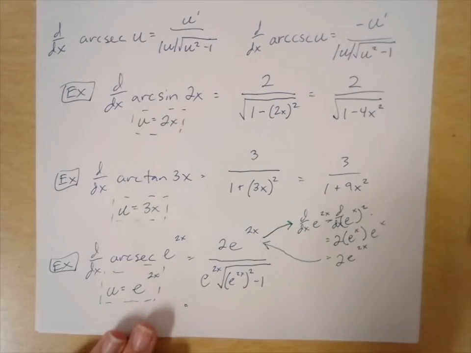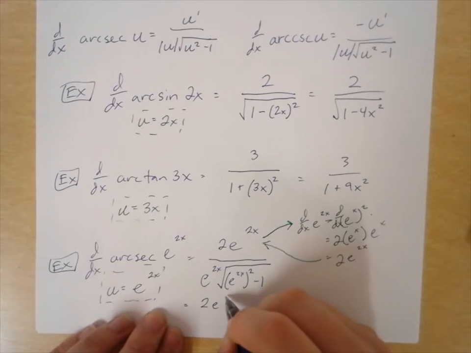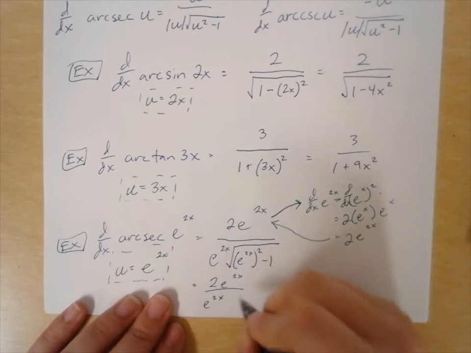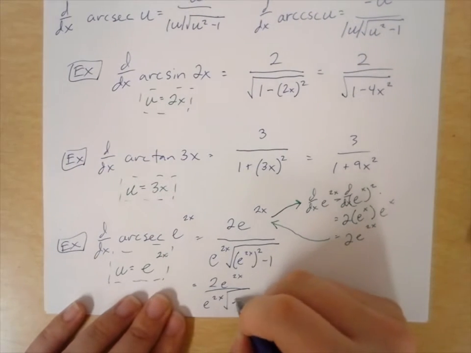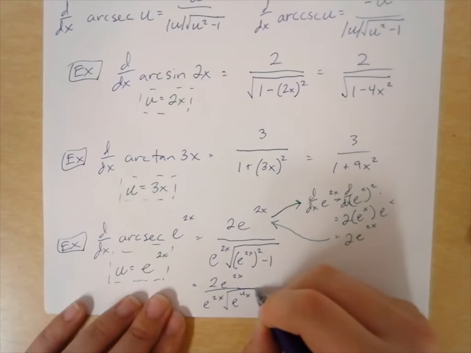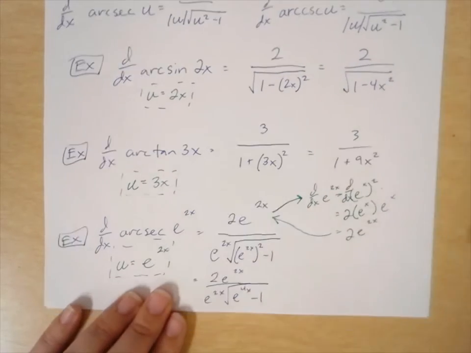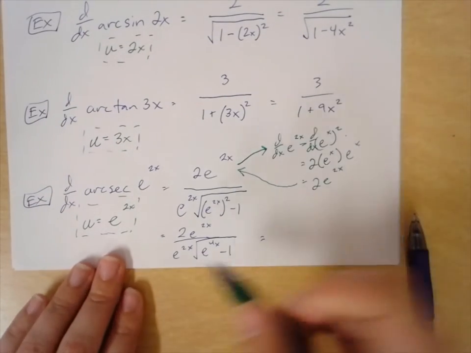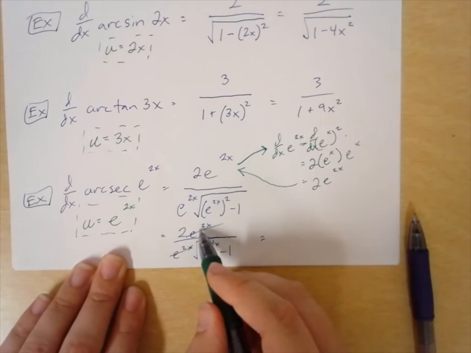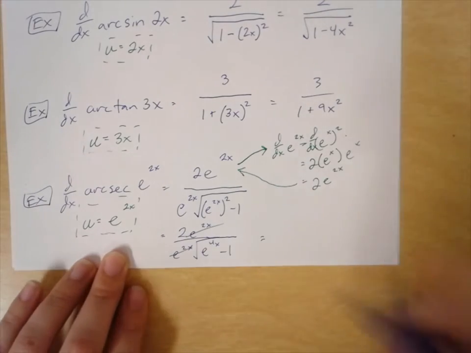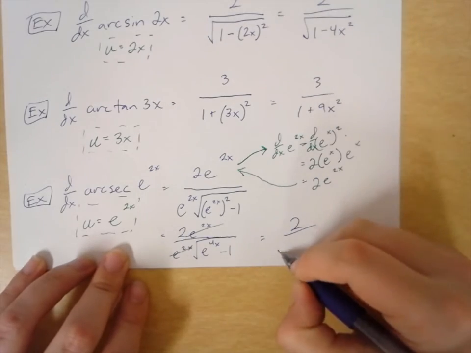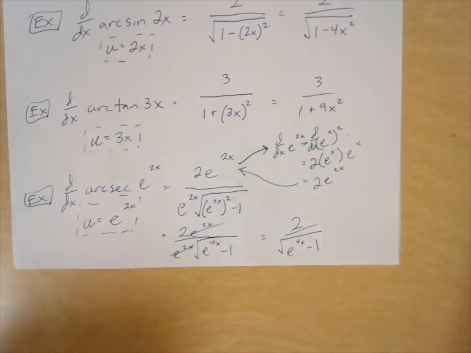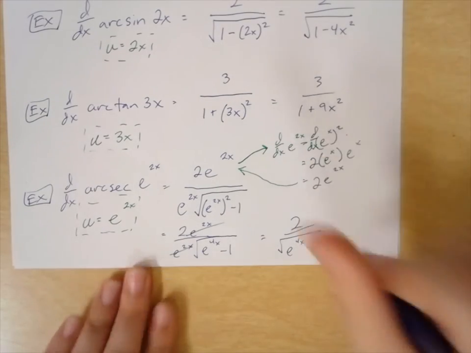And when we simplify that, we get 2e to the 2x all over e to the 2x outside radical e to the 4x minus 1. And what we can do from here is cross off these e to the x's that are the same top and bottom. And so our answer is 2 over square root of e to the 4x minus 1. And that would be our answer.